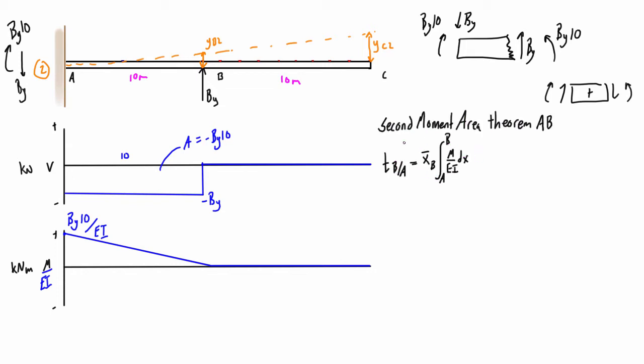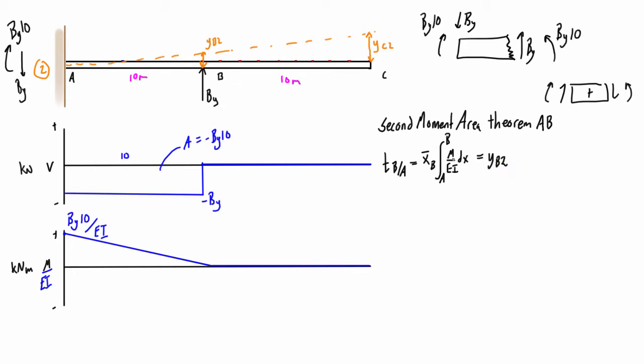And this is going to give us the tangential deviation of the tangent line at B with respect to A. Because we know that the tangent at A is going to be coming out horizontal, because of the fixed rigid connection, it stays rigid after deflection, this is just going to give us the deflection here, yB2. So just yB2.